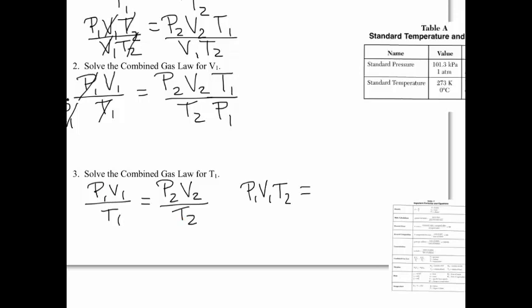Set that equal to P2 V2 times T1. So I just did this. All right. Now to get T1 alone, which is over here, I'm going to need to divide by P2 V2. So now these cancel out, and I have T1 is equal to P1 V1 T2 divided by P2 V2, which is great. But let's see how this works with numbers.